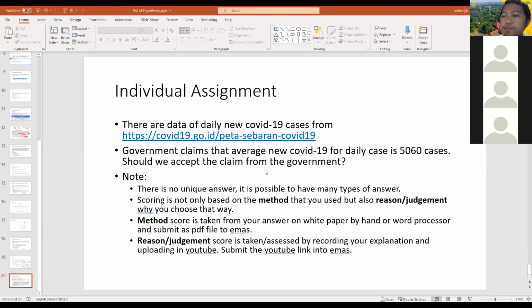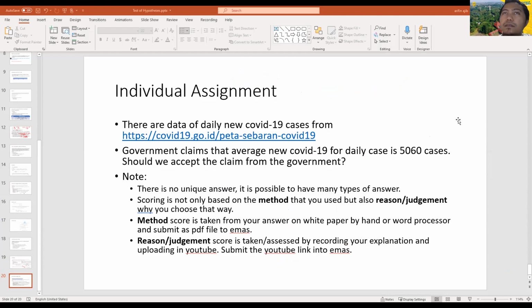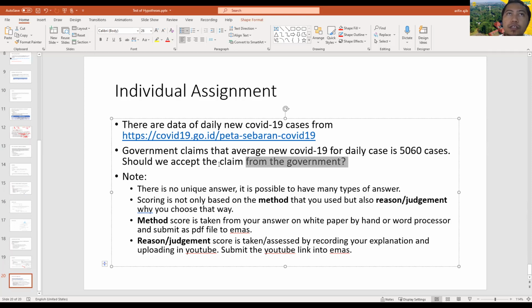We arrive at the individual assignment here. You can conduct it from now or even tomorrow. This assignment is for tomorrow's lecture, but you can conduct it since now.